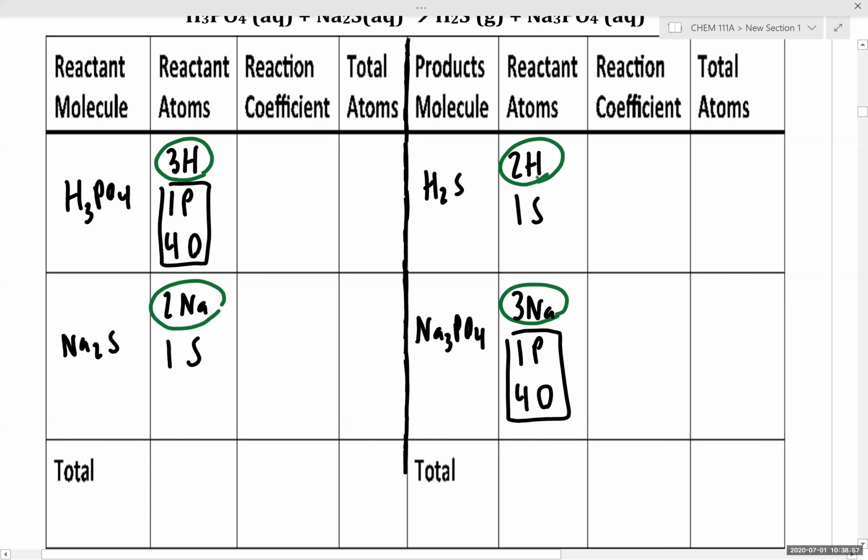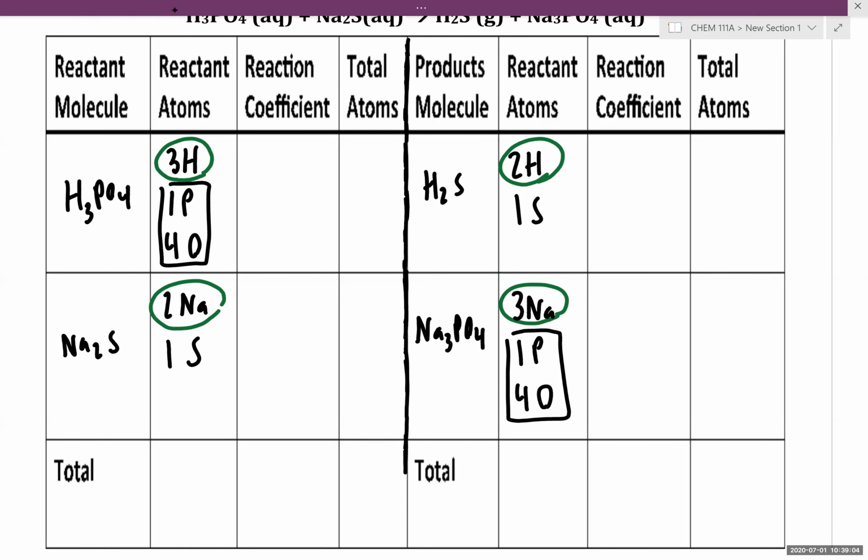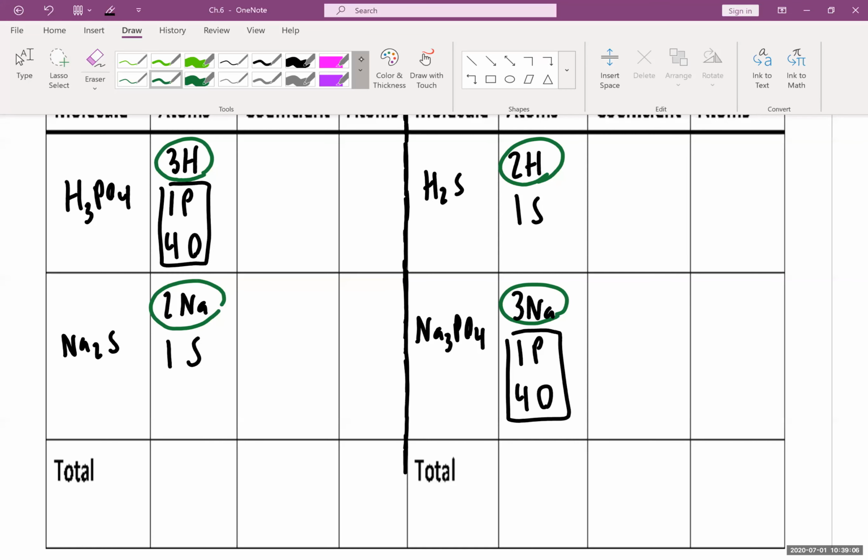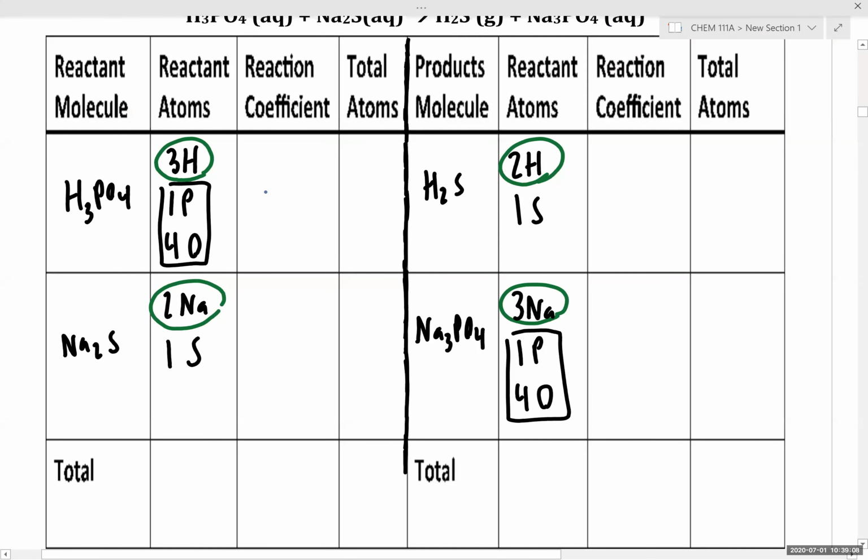So there is a very quick trick to balance these types of ionic equations or exchange-like reactions.